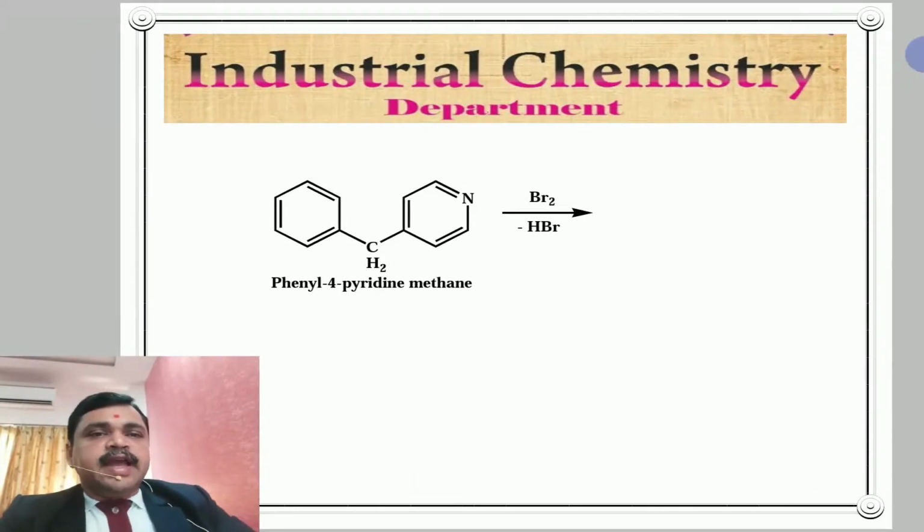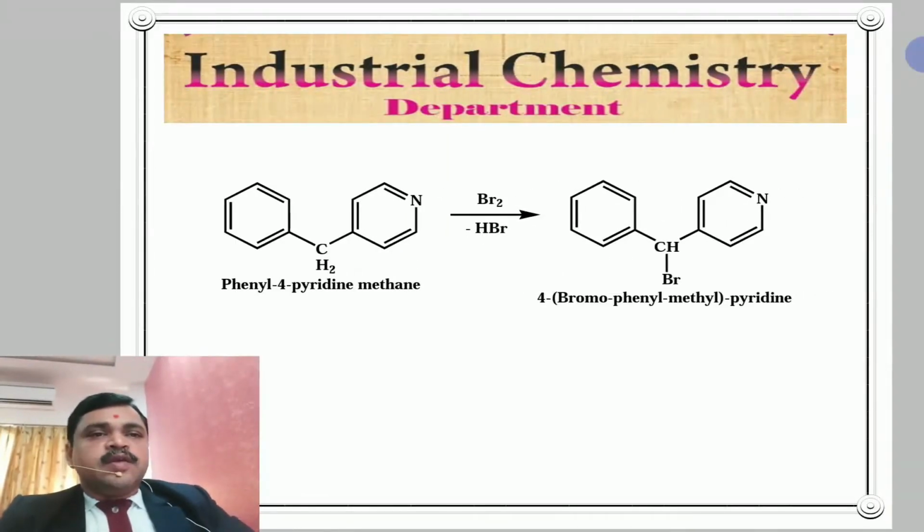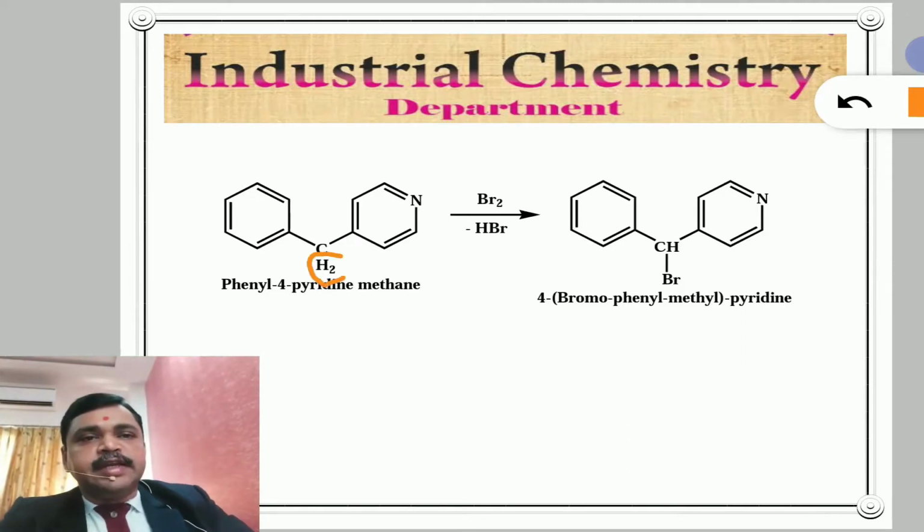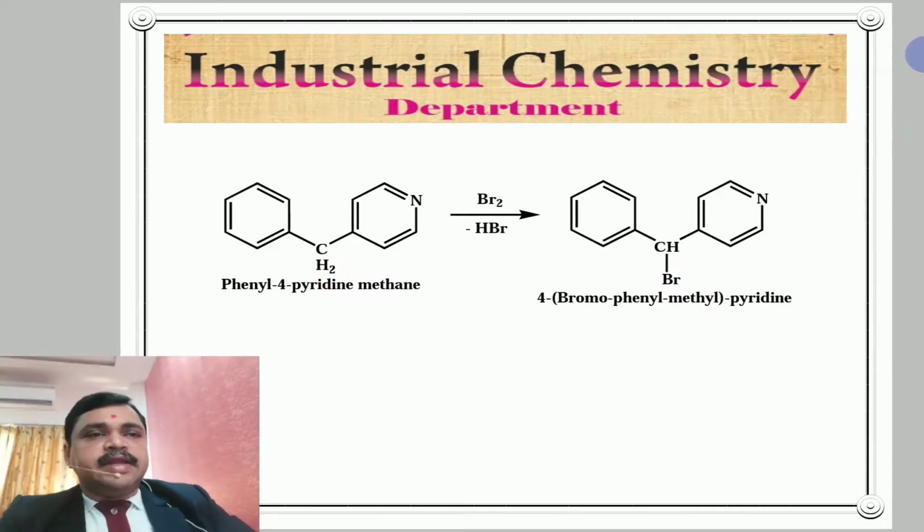This phenyl 4-pyridyl methane undergoes a bromination reaction. After the reaction we get 4-bromophenyl pyridyl methane. We see here in the reaction this hydrogen is substituted by bromine.